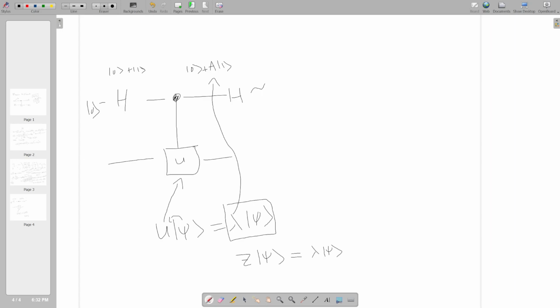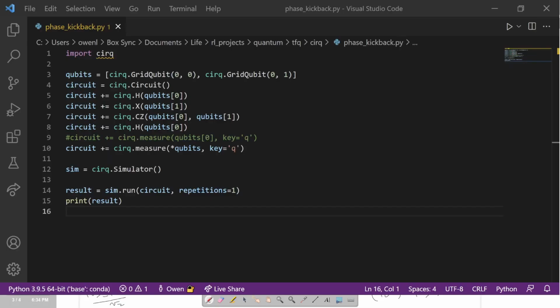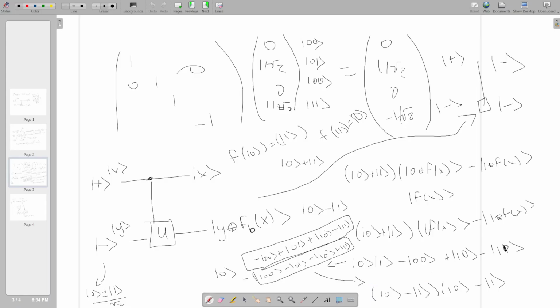But now let's look at the actual programmatic implementations. We can see that this is really quite simple code, and this actually is true for both of them. If you remember going over here, this example, what exactly is it doing? It's mapping 0 has no effect, 0 also has no effect, 1 flips the phase.